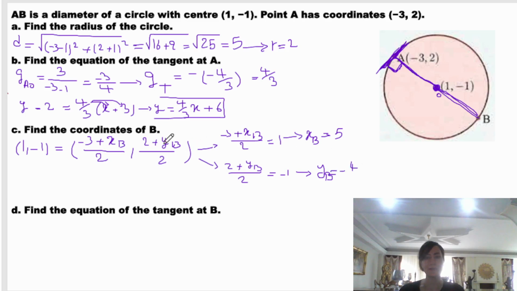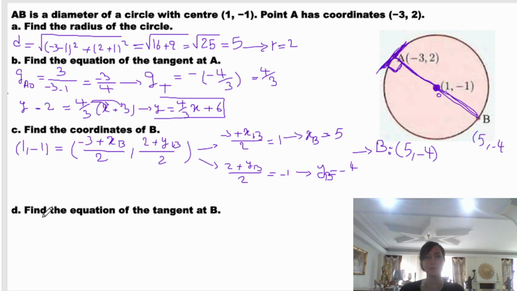So the coordinate of point B would be (5, -4). So I will write B is (5, -4). That's great.